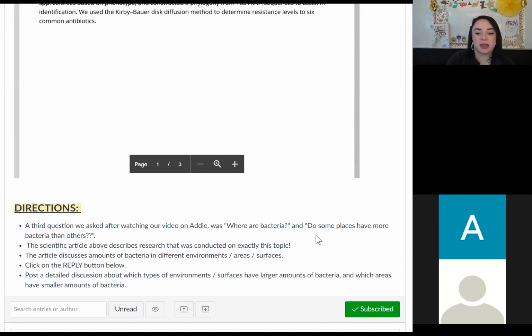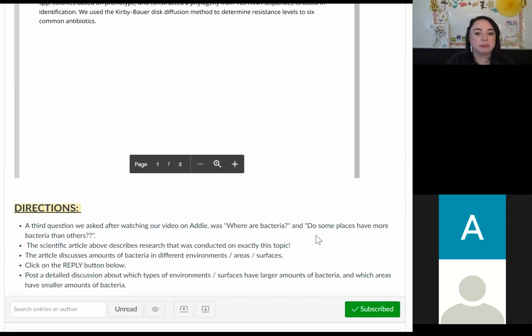So that's what they did. They swabbed and took samples from all different types of surfaces and areas to figure out which types of surfaces and areas would have more bacteria. So I'm going to read this aloud to help us out.